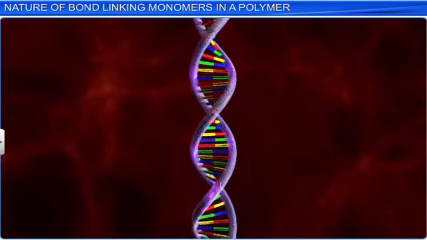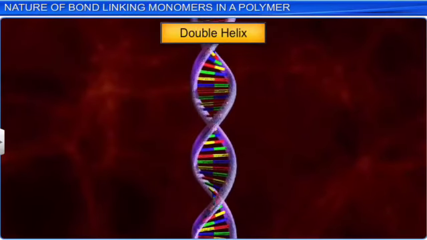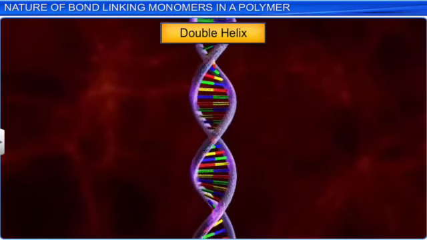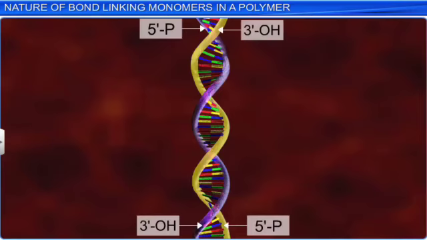Some of the features of B DNA are that it exists as a double helix. Two strands of polynucleotides run in opposite directions. In other words, they are antiparallel. That is, one strand runs in 3' to 5' and the other strand runs in 5' to 3' directions.